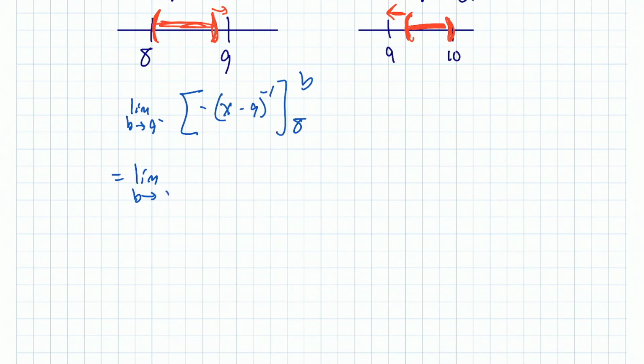Limit b goes to 9 from the left. Plug in b, you get negative (b minus 9) to the negative 1, minus, minus (8 minus 9) to the negative 1.